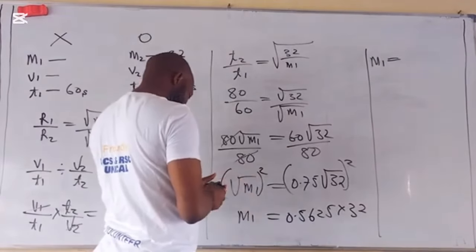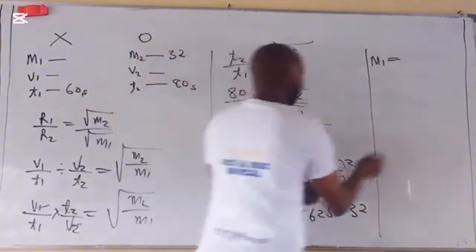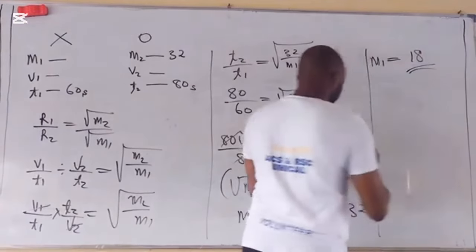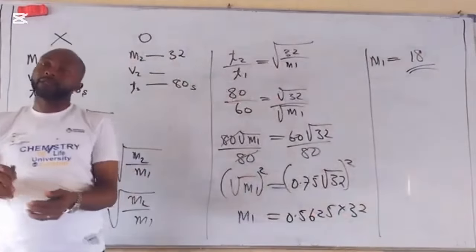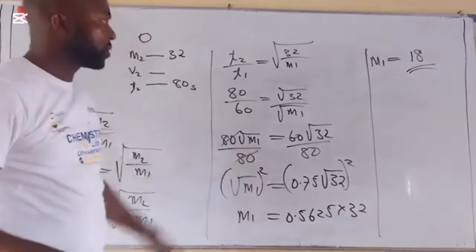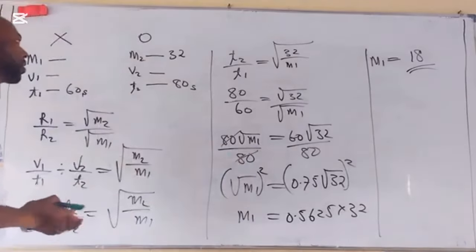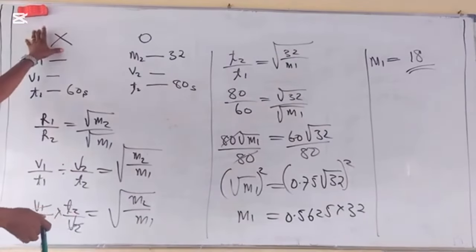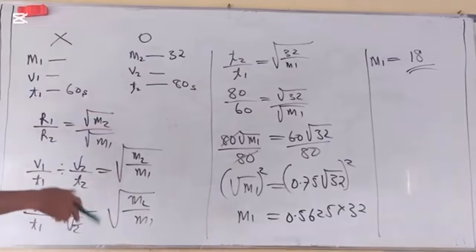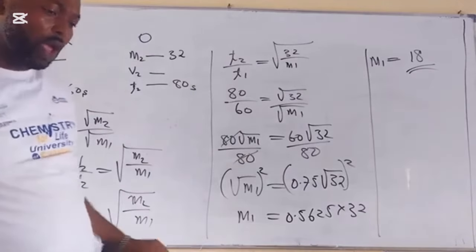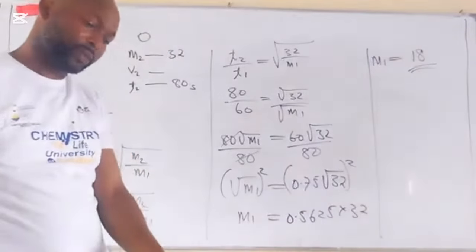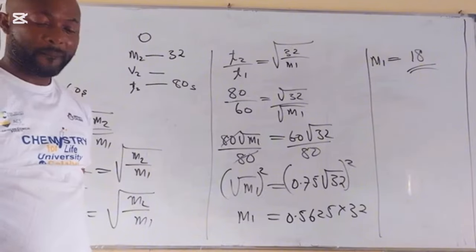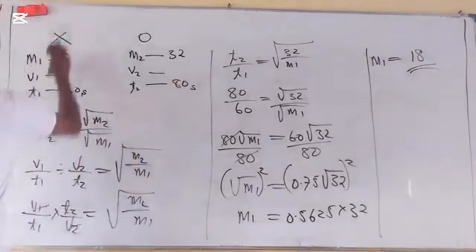I have 18 g/mol or whatever it is. So that is the relative molecular mass of the unknown gas X. That of oxygen we could determine that. Okay, let's take another question. Am I clear?